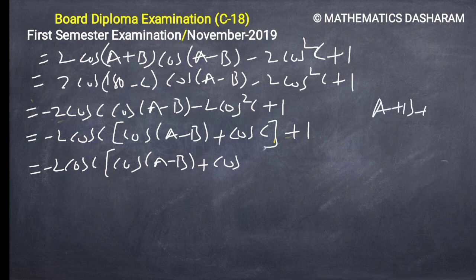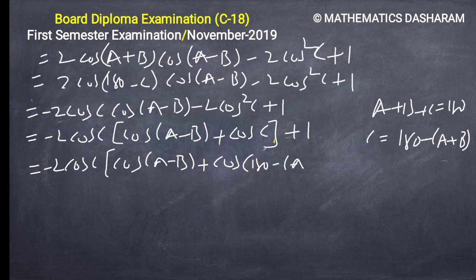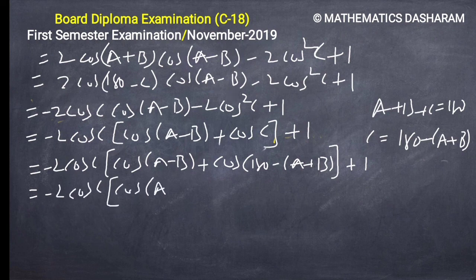Actually a plus b plus c equals 180 degrees, then c equals 180 minus bracket of (a plus b). So then cos (180 minus bracket of a plus b) plus 1. So minus 2 cos c, so cos (a minus b). Here cos (180 minus theta) is minus cos theta. So minus cos (a plus b) plus 1.